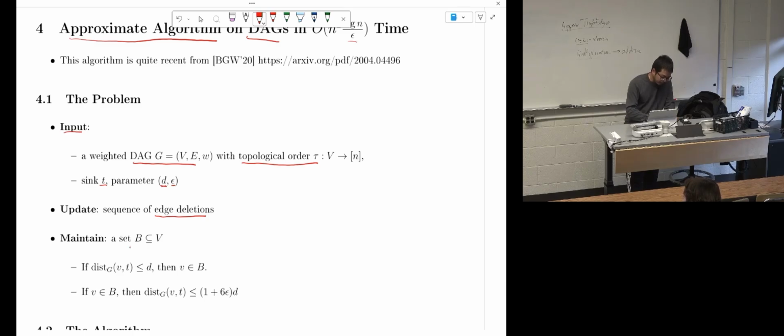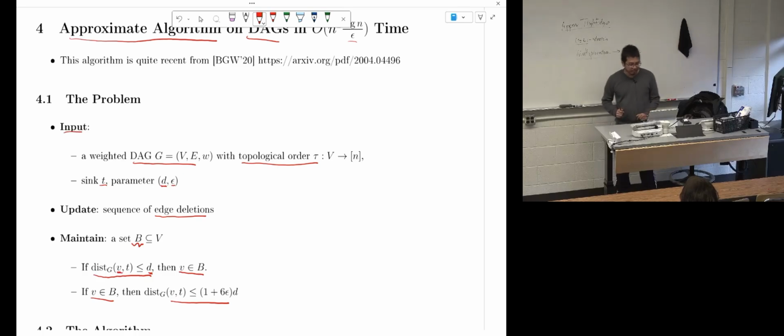What you want to maintain is this approximate ball of radius around d. Any vertex v that has distance less than d should be in your ball, and if it's in the ball, then it should have distance close to d. That's the problem. Anyone recall the algorithm?